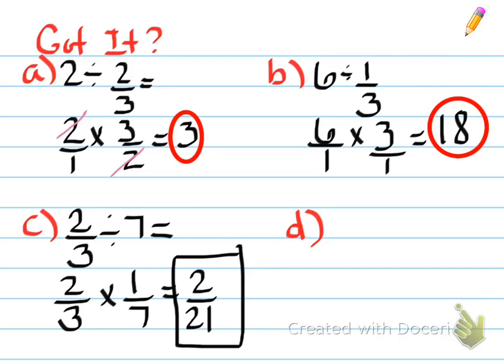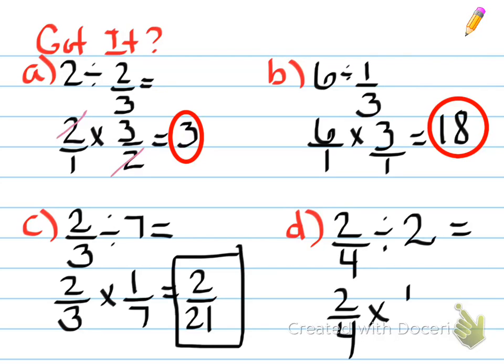Okay, and letter D, we've got 2/4 divided by 2. I'm going to keep, change to multiply, and I'm going to flip 2 over 1 to 1 over 2. I am able to cross simplify with the 2's, and I'm left with 1's there.